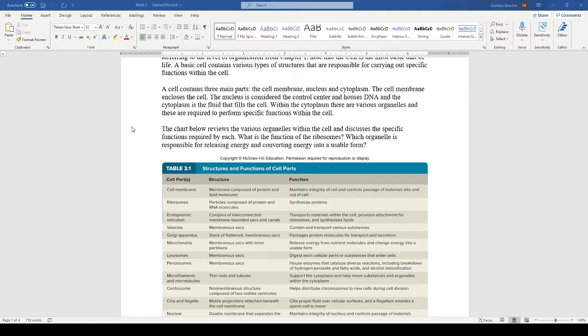Everything in the cell is contained within the membrane. It's either literally a part of the membrane or inside of the membrane boundaries. That whole space is then going to be filled with fluid and organelles and various ions, enzymes, proteins, things of that nature. And that whole general space is generally referred to as the cytoplasm.